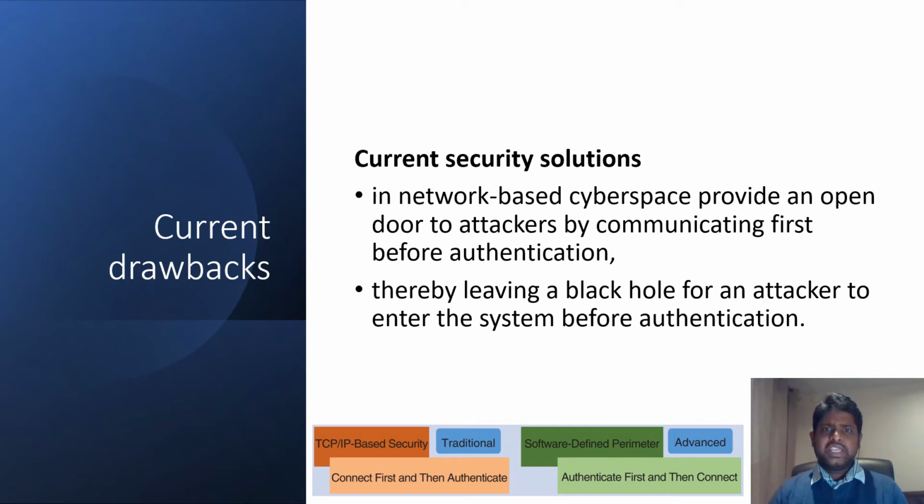So before going ahead to understand in detail, first we should know what are the current drawbacks in the current security mechanism. The current security mechanism follows this term: connect first, then go for authentication. Let me explain this with an example.